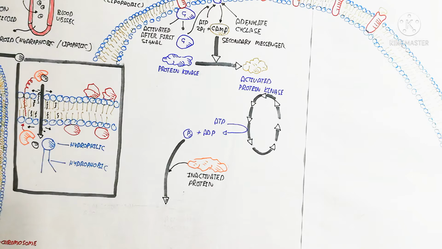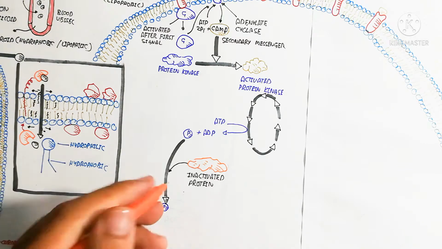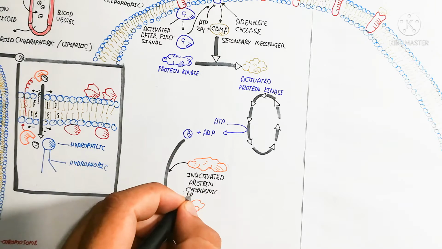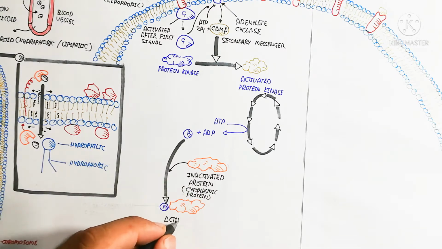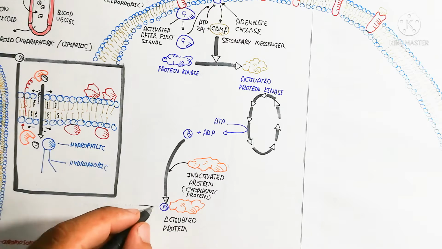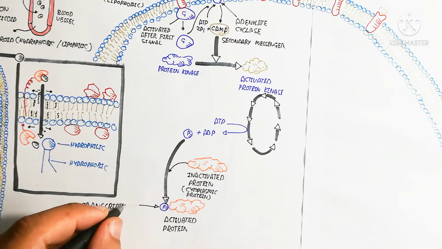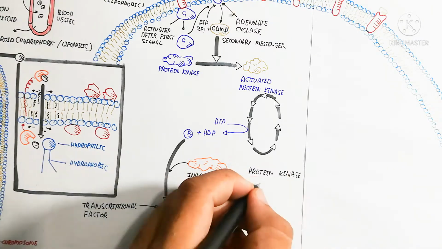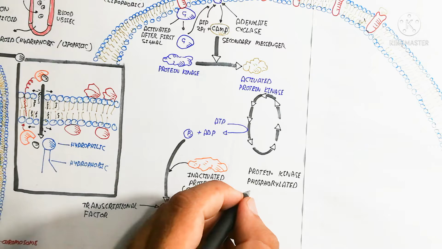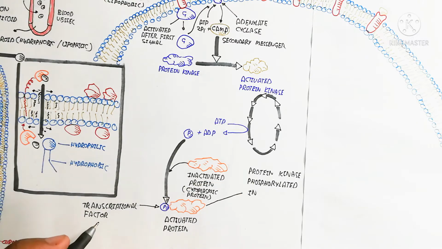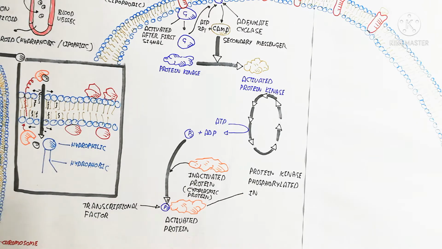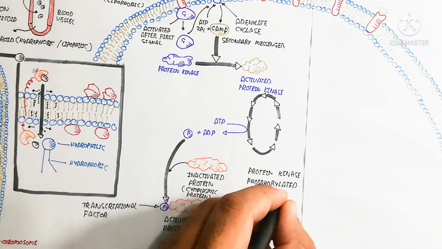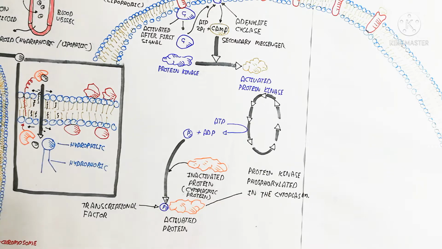Inactivated proteins are cytoplasmic proteins present in the cytoplasm, which bind with the phosphate group in the presence of activated protein kinase, which stimulates them. So there are many types of inactivated proteins or cytoplasmic proteins present in the cytoplasm. So it will become a phosphorylated protein, as you can see in the cytoplasm.